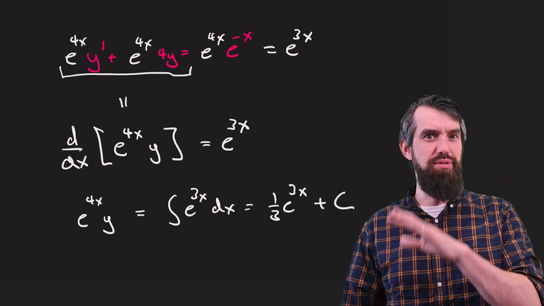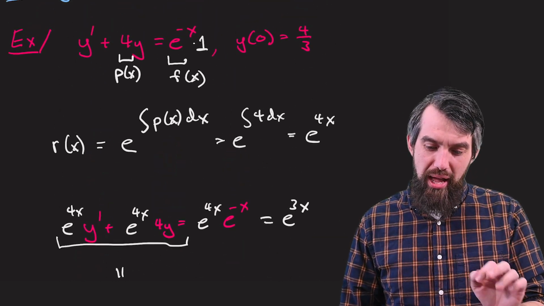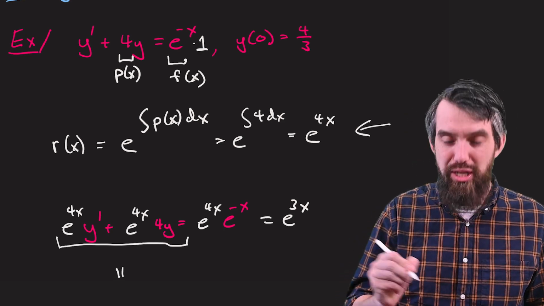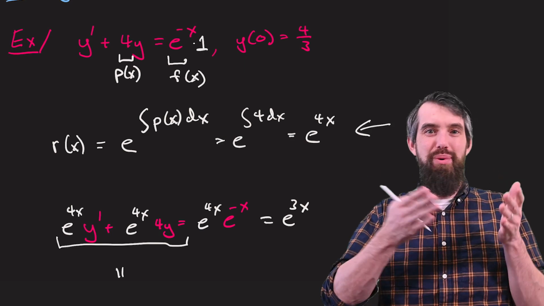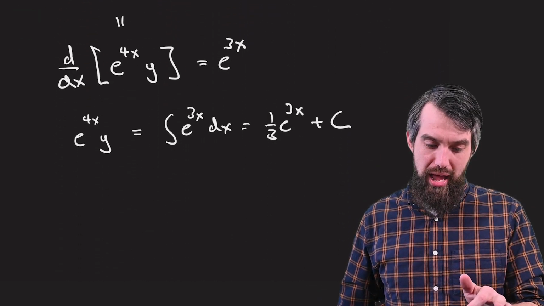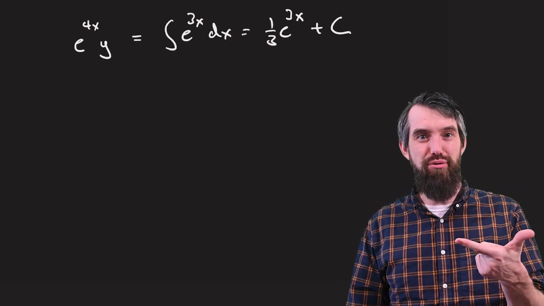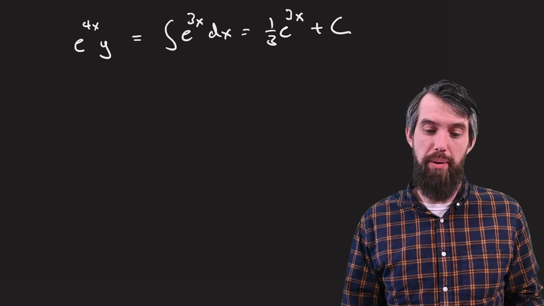I told you earlier you didn't need to write down the plus c, because it was all about finding an integrating factor, and we just wanted any one that worked. Indeed, if you had a plus c sticking out there, it would have canceled in the next line anyway. But now I'm going to my solution, and what I've gotten is an expression with an indefinite integral. I do want my plus c, and my plus c will be useful for my initial condition.